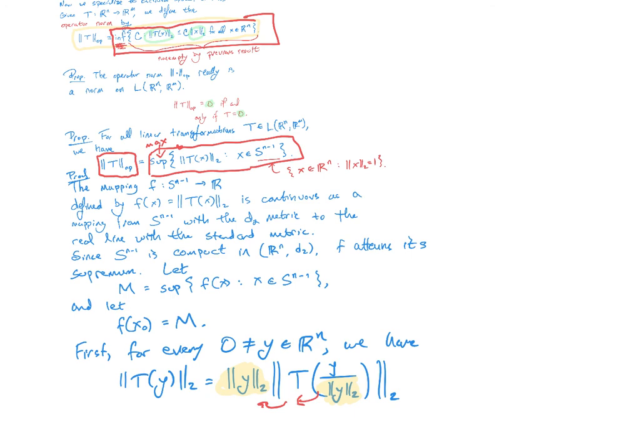Okay, and now we've got the 2 norm of y times T of something on the unit sphere. And the 2 norm of T of something on the unit sphere is at most M by assumption.